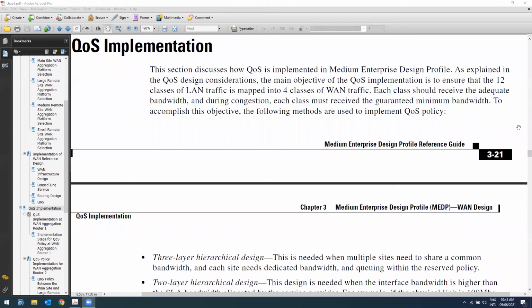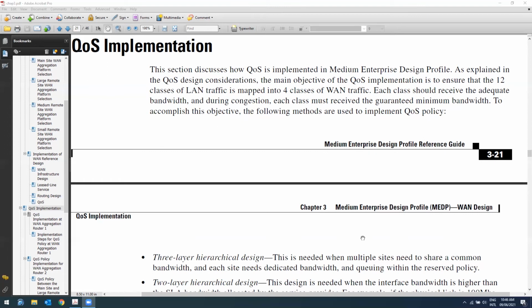Right, so next is QoS implementation. This section discusses how QoS is implemented in the medium enterprise design profile. As explained in the QoS design consideration, the main objective of the quality of service implementation is to ensure that the 12 classes of LAN traffic are mapped into 4 classes of WAN traffic.